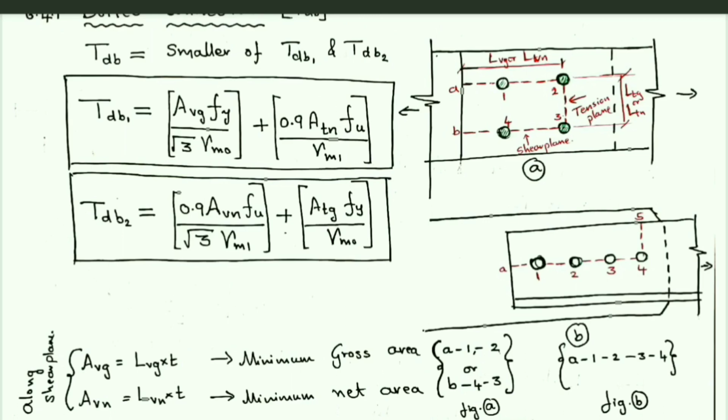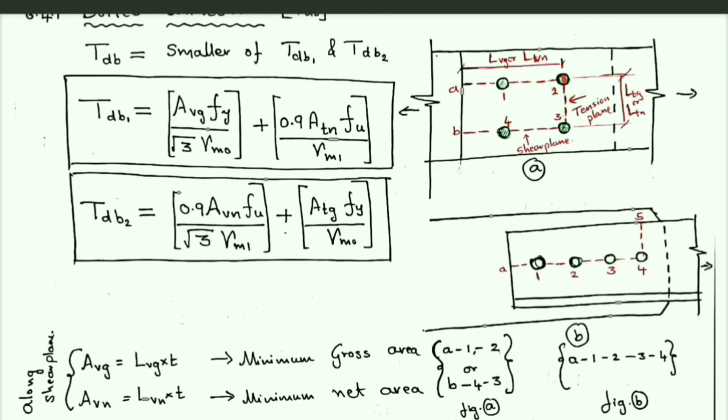While going to AVN, the total number of bolts to be reduced will be 1.5, because this one is a whole bolt, and for this one the length will be exactly till the middle. So we will take it as 0.5. The length will not be exactly to the end, it is only to the center of the last bolt. So the last bolt we consider only up to the middle.